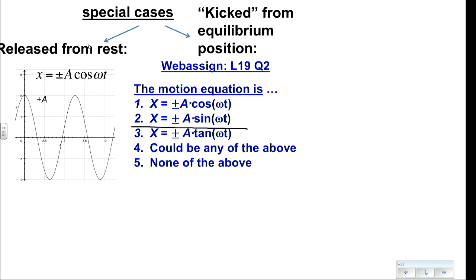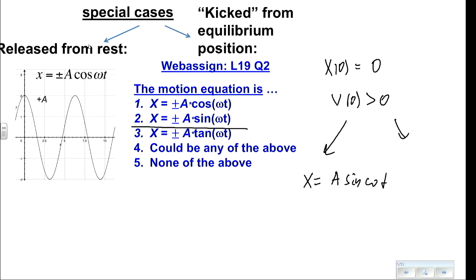So the initial position was 0, but the initial velocity is positive. That information should be sufficient to make a choice between using x equals A sine omega t or x equals negative A sine omega t.